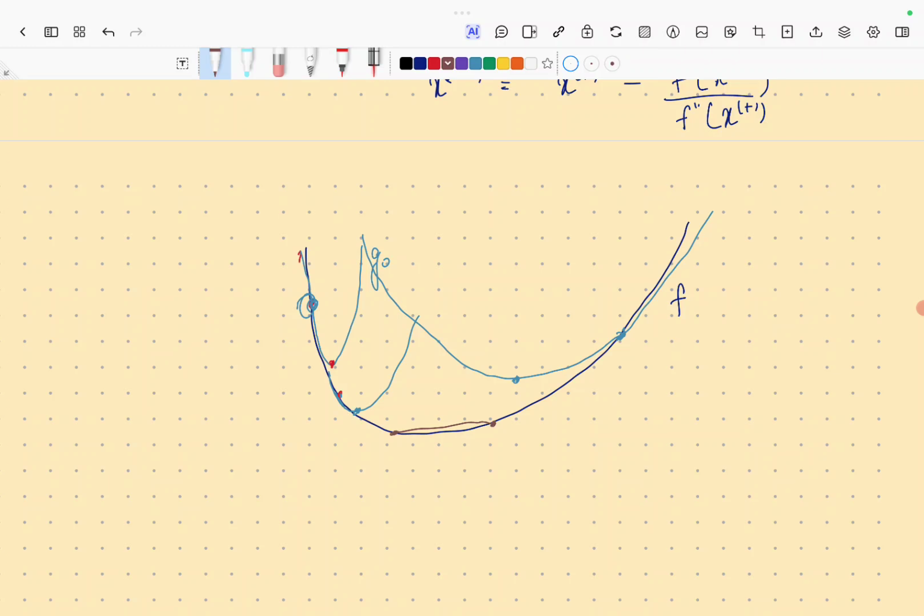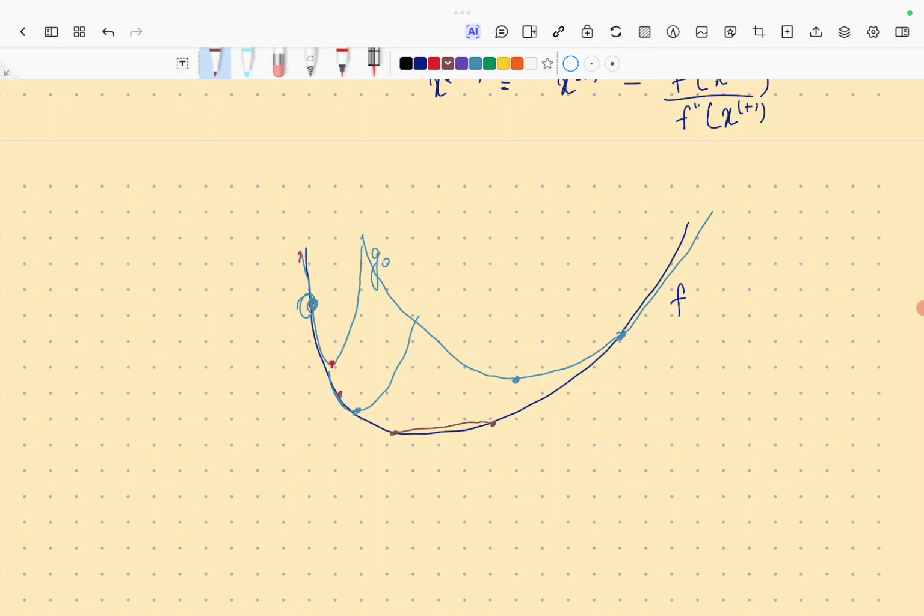Newton's method will never overstep, at least intuitively. So this problem is there even if it's a convex function, with gradient descent? Yes, of course, because if you choose your delta to be too large, because of delta.